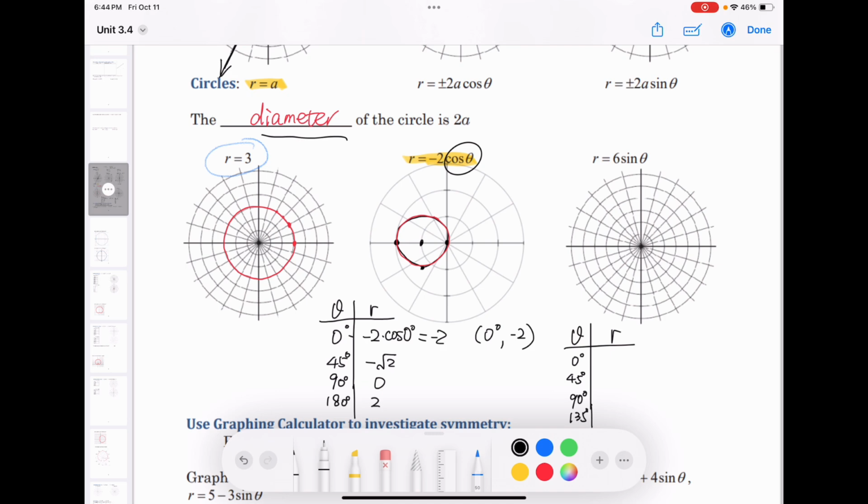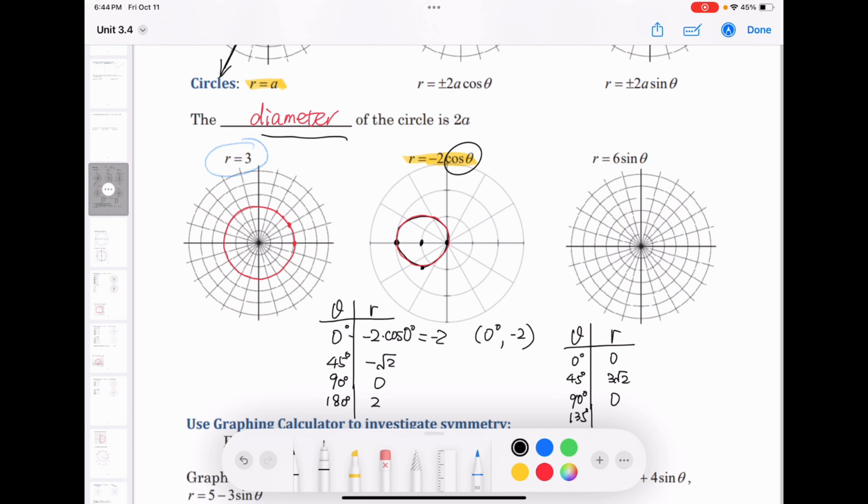You can keep trying more points. For r equals 6 times sine theta, sine 0 is 0, so r is 0. And 6 times sine 45, which is 6 times square root of 2 over 2, is 3 square root of 2.